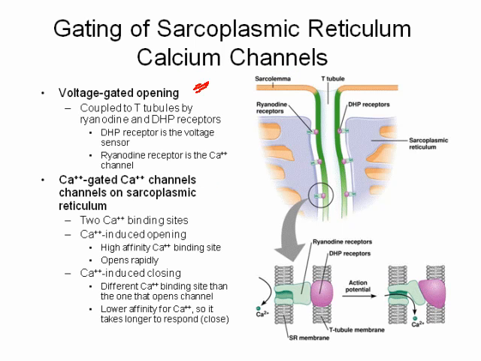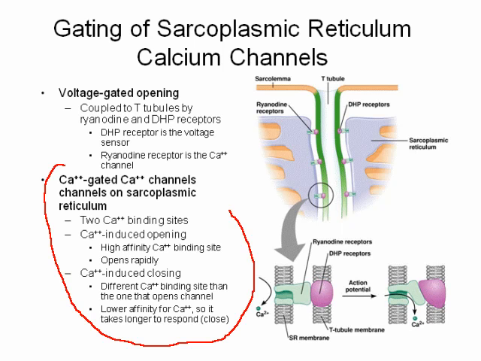So we have this voltage-gated opening. This is due to the voltage change from the action potential affecting the DHP receptor. So the DHP receptor acts as a voltage sensor, and it is physically linked to the ryanodine receptor. The ryanodine receptor is the calcium channel. So when an action potential invades the T-tubule, it causes a conformational change in the DHP receptor, changes its shape, pulling open the ryanodine receptor, allowing calcium to flow through.